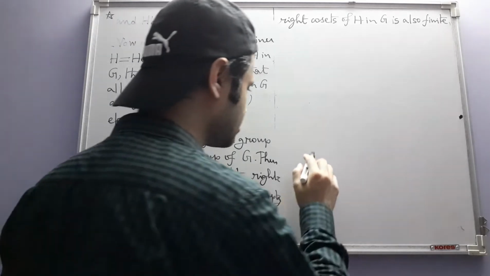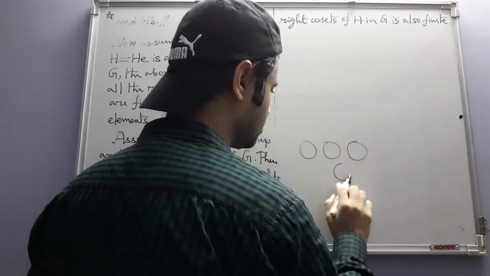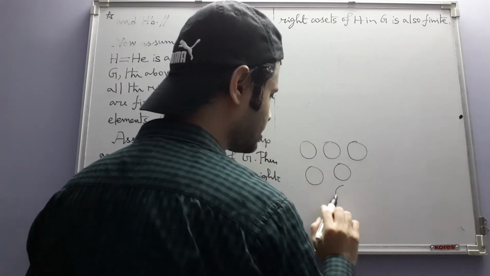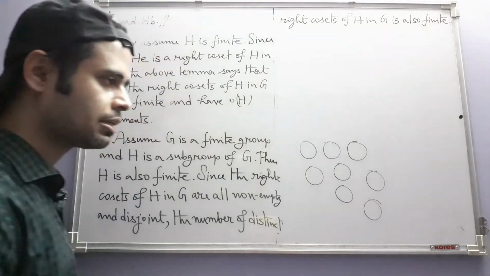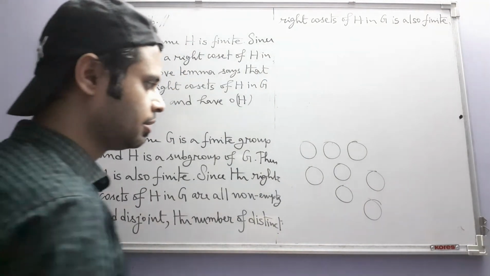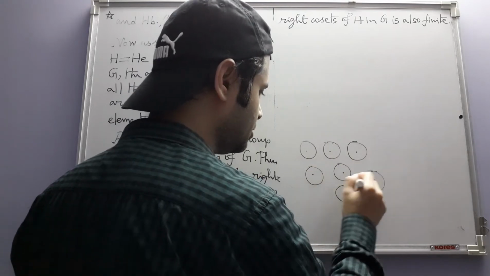So each equivalence class is on its own in the sense that it has no intersection with another equivalence class that is different from it, and all of them are non-empty. So we can choose one element from each one of them.